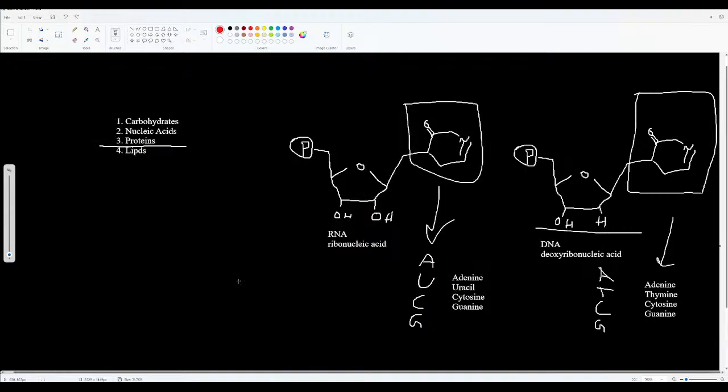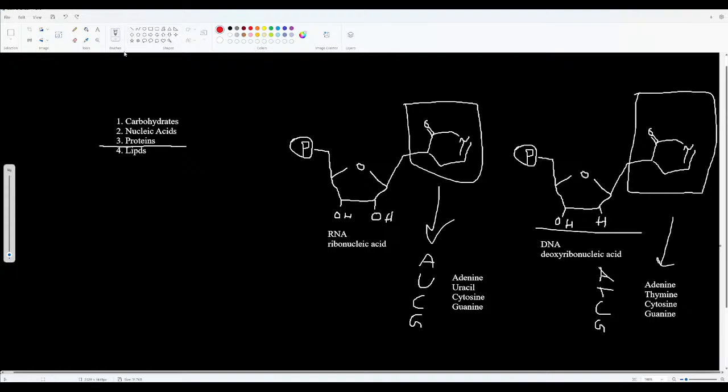That's the difference between pyrimidines and purines. Purines have 2 rings, pyrimidines have 1. A and G are purines, and T and C are pyrimidines. You don't need to know that.